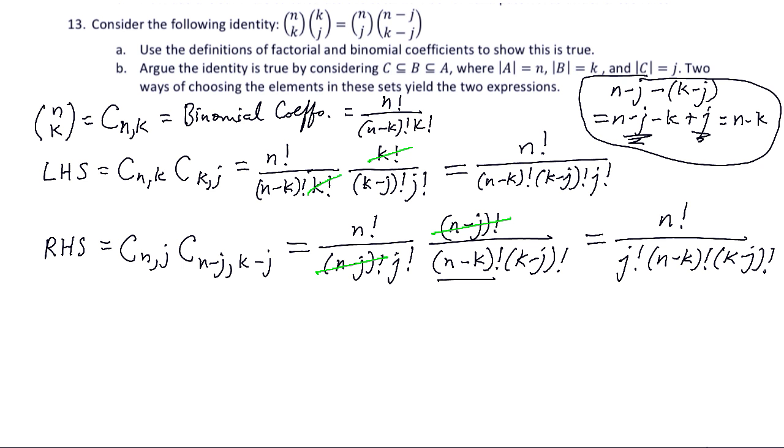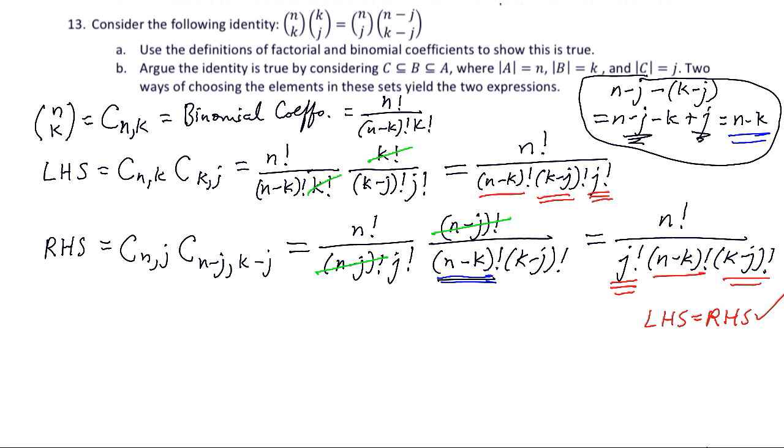And I believe certainly the numerators are the same, n minus k factorial, k minus j factorial, and j factorial. Yep, they're the same. Left-hand side is equal to right-hand side. Okay, that checks out. Now's the fun part. So that's just a little bit of algebra, and this step really saved me here when I found that n minus j minus (k minus j) was n minus k.